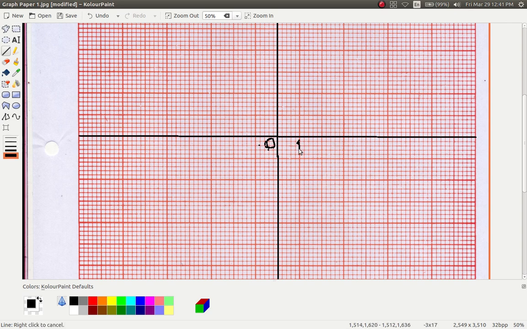Then is number 1, 2, 3, 4. Let me kind of correct this 4 a bit. This is my 4, my 5.